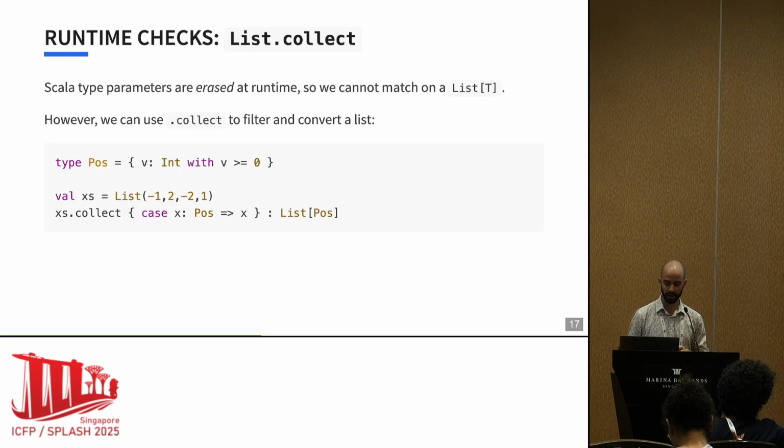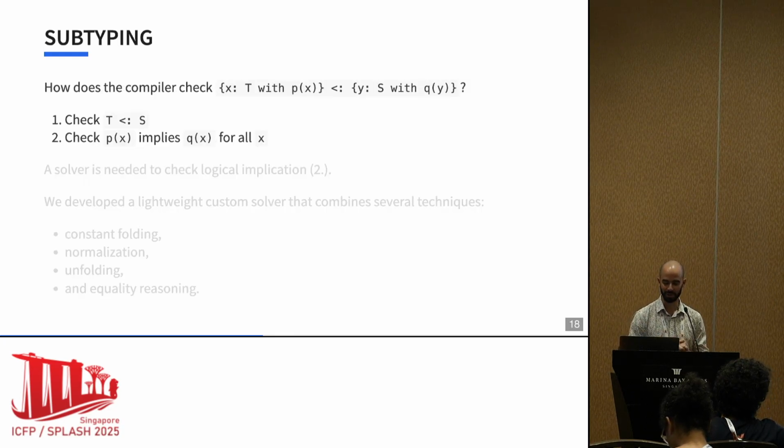Okay, just then a note, well, more than a note, but a few explanations about how subtyping works for these qualified types. How do I know that a qualified type is a subtype of another? Well, there are two things to check. First, if I have this qualified type here where the parent type is T, and this one where the parent type is S, I need to check that the parent types are subtypes of each other.